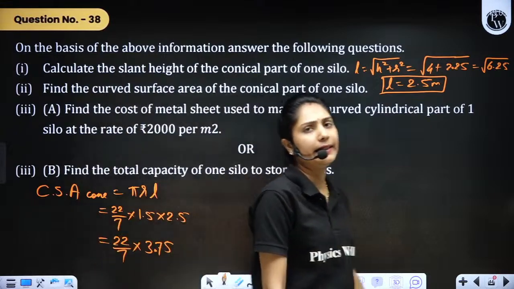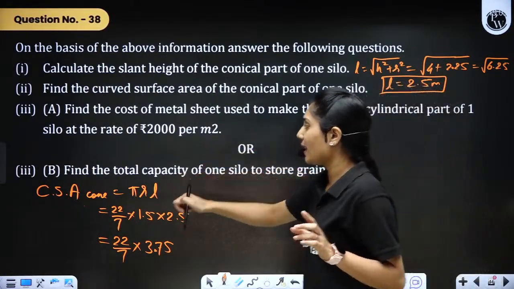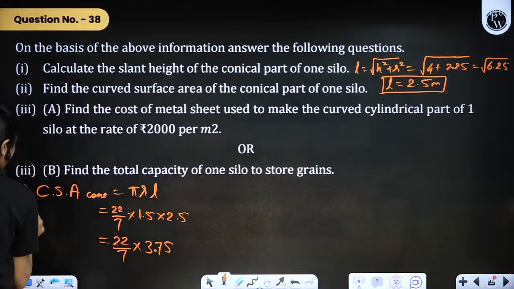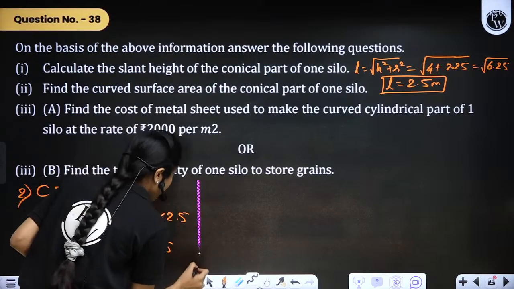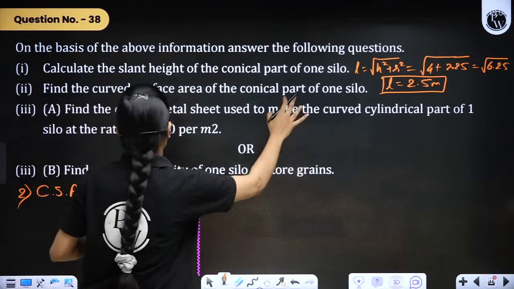You can calculate it further to get the curved surface area of the cone. So the second part is done here.